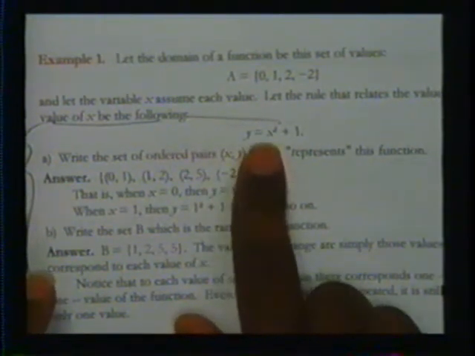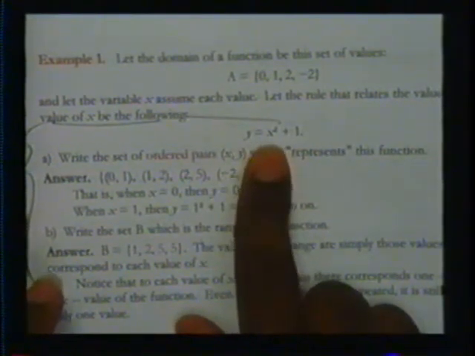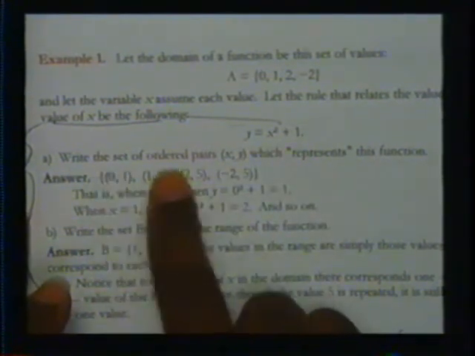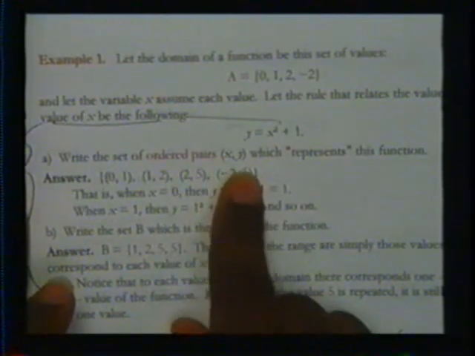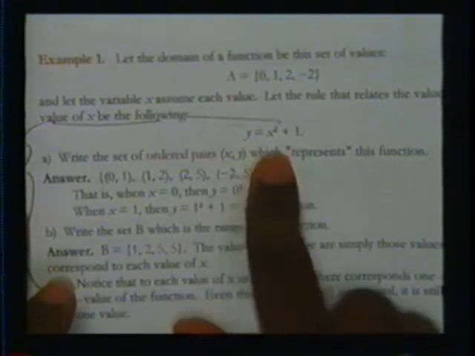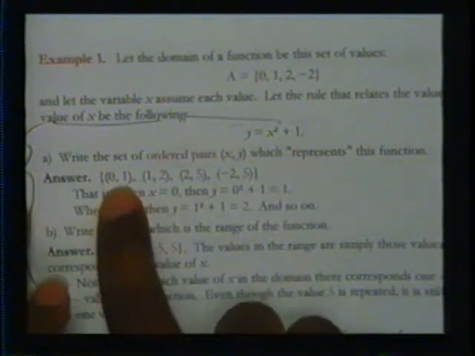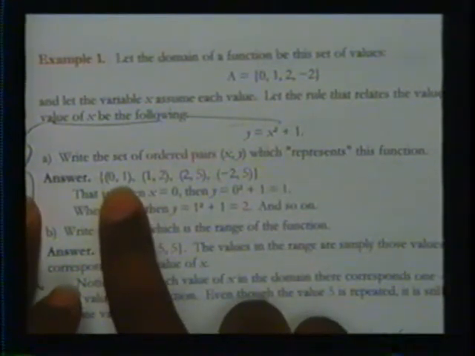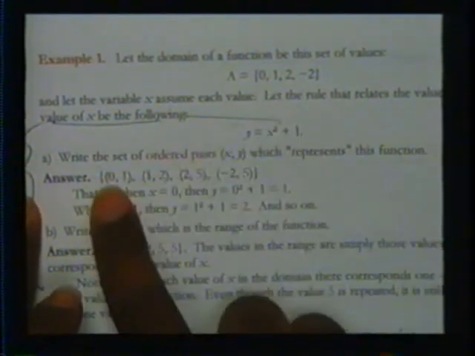Okay, and it says if we have this function y equals x squared plus 1, what would be our ordered pairs of x, y? So obviously our x, as I said, is an independent variable. It's 0, 1, 2.